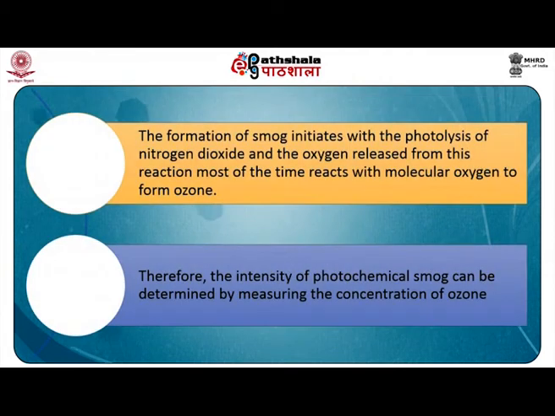The formation of smog initiates with the photolysis of nitrogen dioxide, and the oxygen released from this reaction most of the time reacts with the molecular oxygen to form ozone.